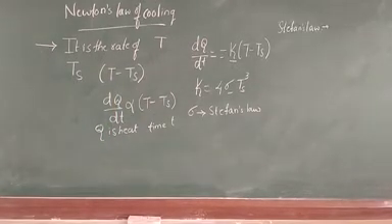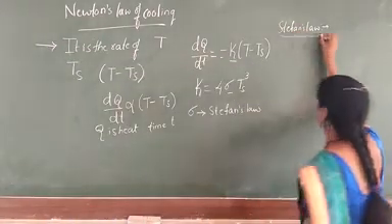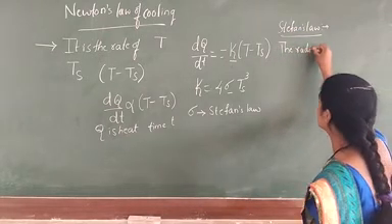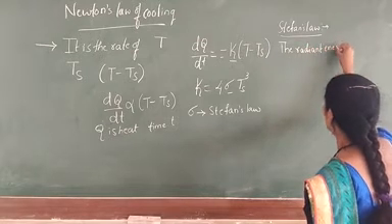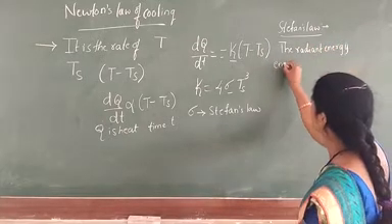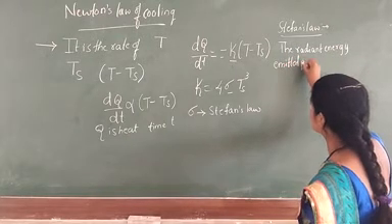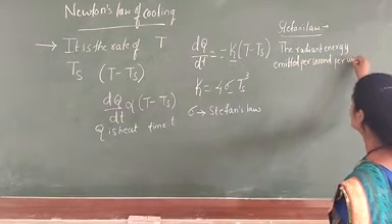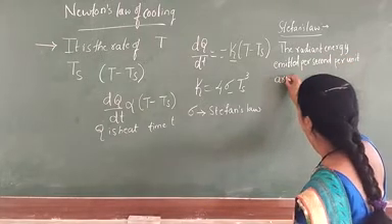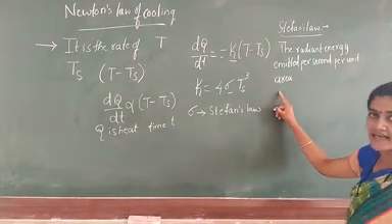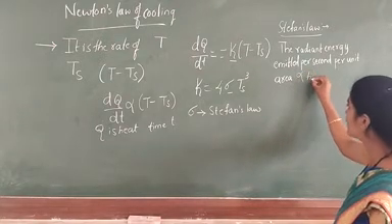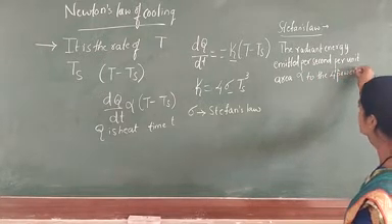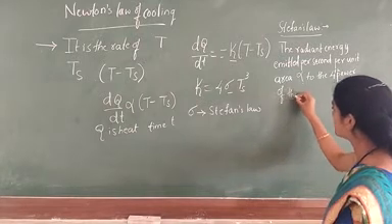Next we have to define Stefan's law. According to this, Stefan's law can be written as: the radiant energy emitted per second per unit area is directly proportional to the fourth power of the absolute temperature.